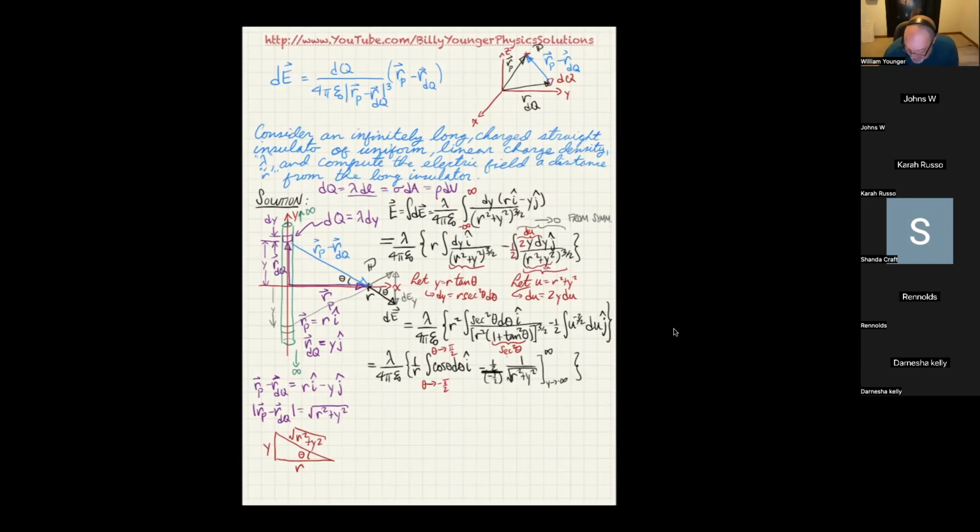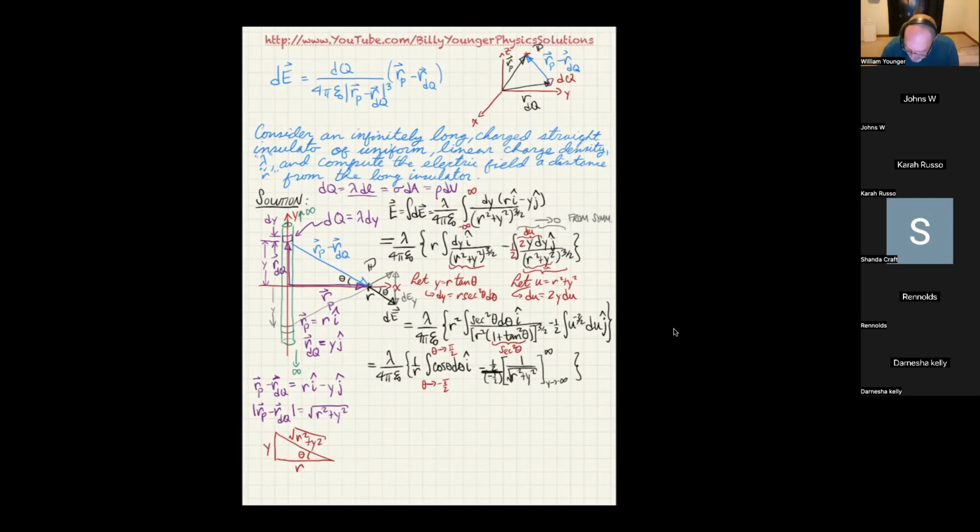Okay, I think you can see that because this is the integral that we got, notice that's 1 over the square root of r squared plus y squared. If I replaced y with negative y, it wouldn't make a change whatsoever.